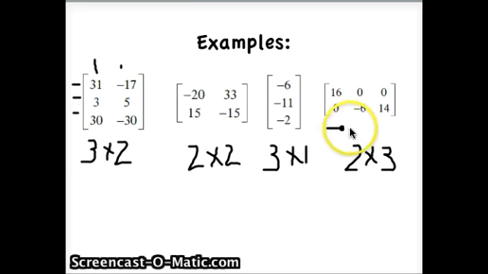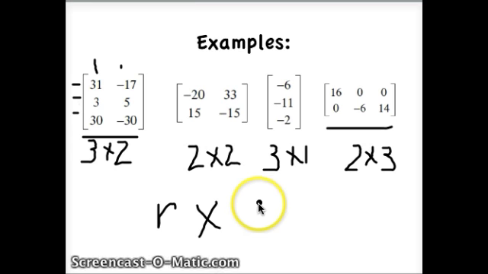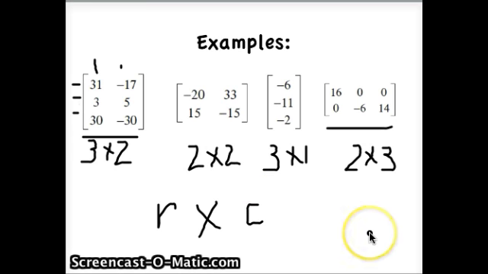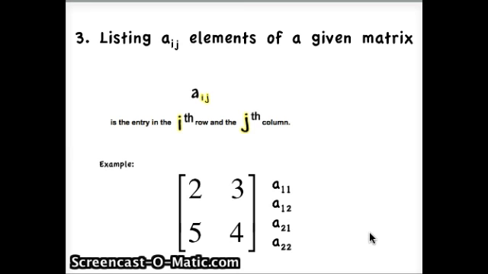Notice the 2 by 3 and the 3 by 2 look different. So make sure you remember that we're doing rows by columns, okay? Very important to remember.